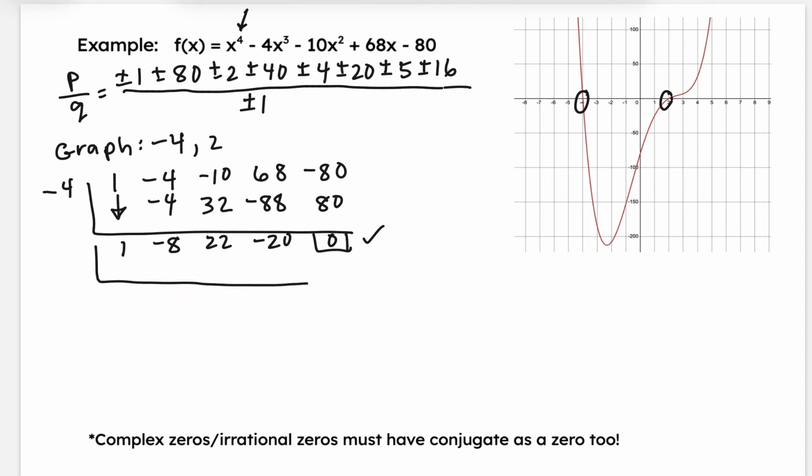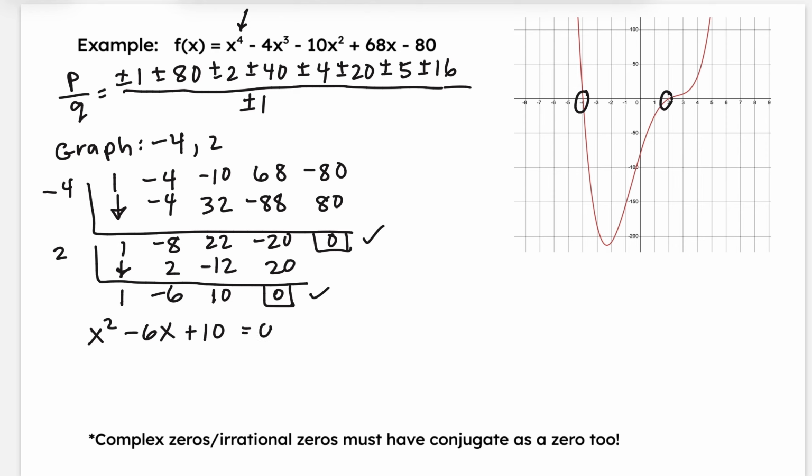And I'm going to do that again, but this time with 2. So 1 times 2, -6. -12. 10 times 2 is 20, and we get 0. Okay, so both of those worked, and now I'm left with x squared minus 6x plus 10.